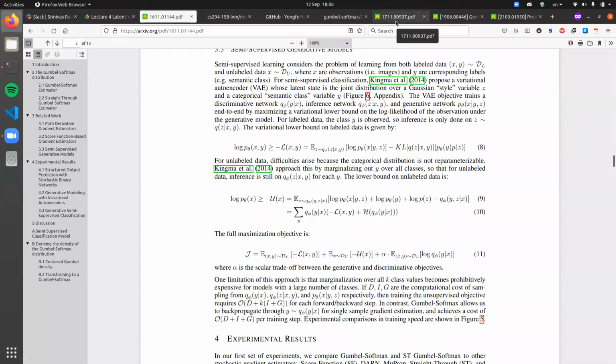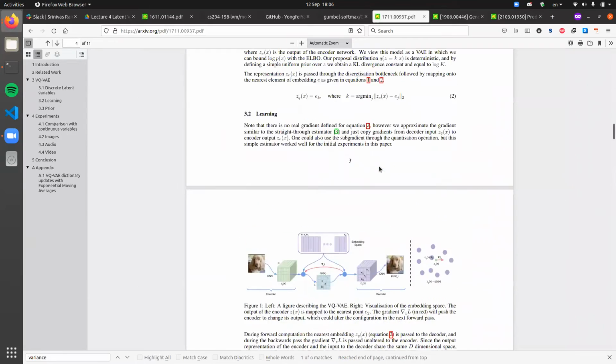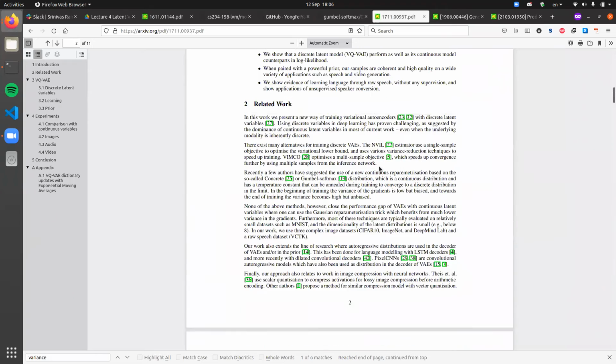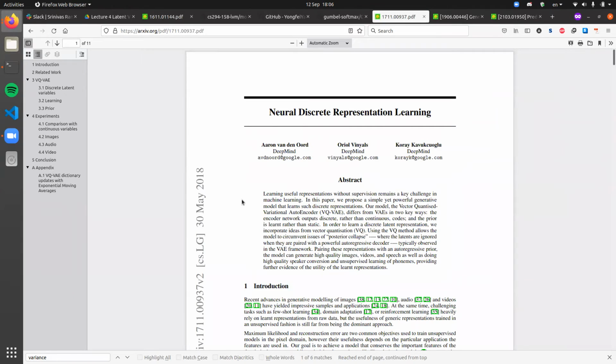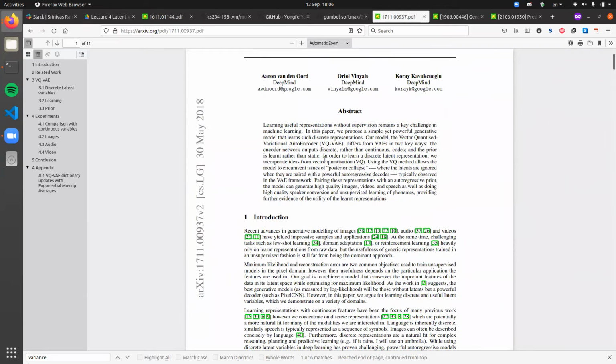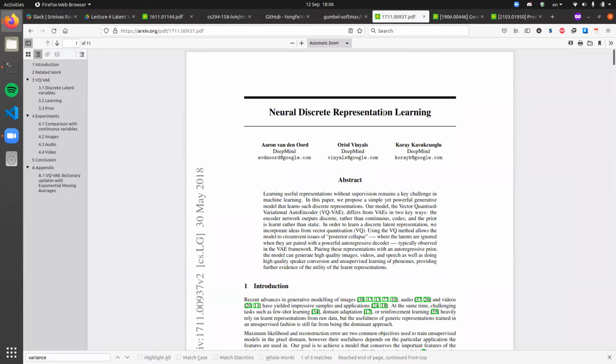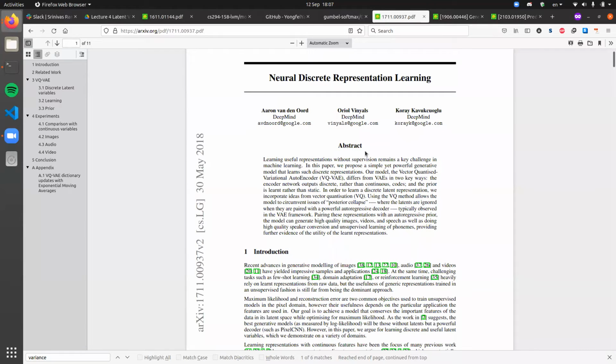but the original idea is from 2017. The vector quantized autoencoder, VQVAE, was introduced in this paper, Neural Discrete Representation Learning, by Aaron van den Oord, Oriol Vinyals and Koray Kavukcuoglu from DeepMind.